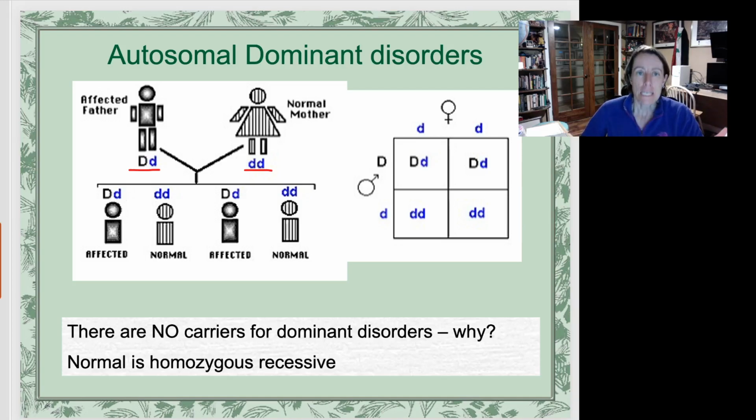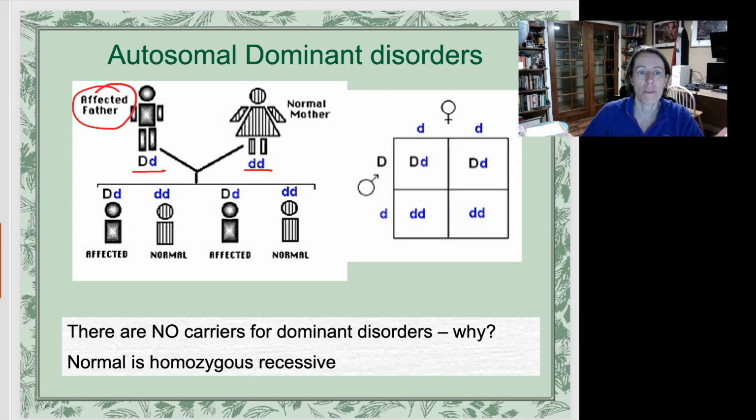Because the disease is caused by the dominant version of the gene or the dominant allele, this individual here, the male shown here, he has a big D, so that's the allele that causes the disease, and he has a little d, which is the normal allele. So he is heterozygous, big D, little d, but he has the disease, this is why he's said affected. So this person here is suffering from the disease, whatever it is.